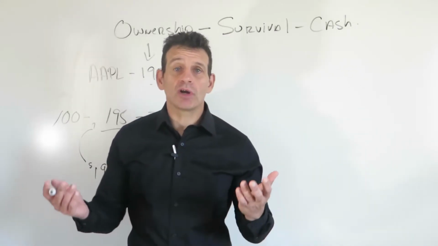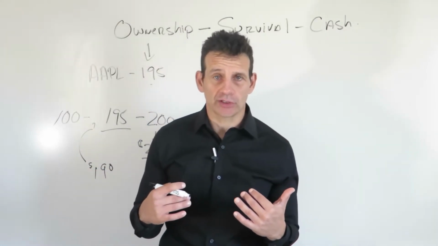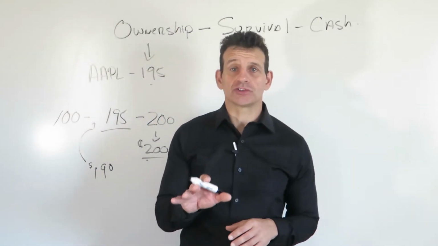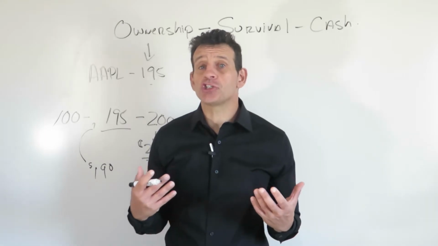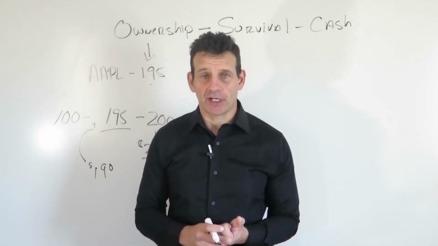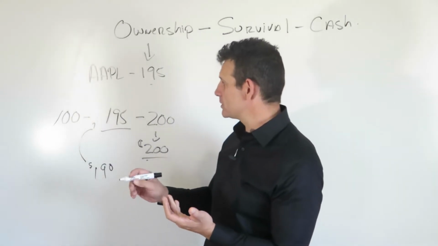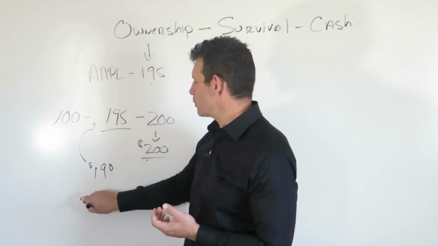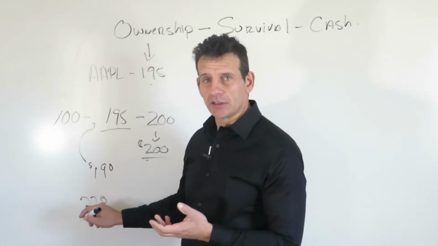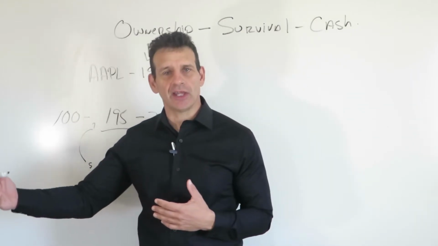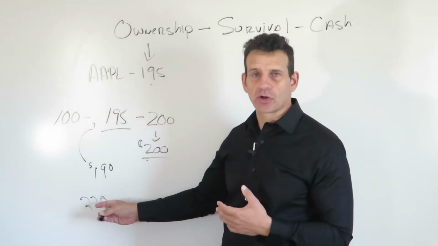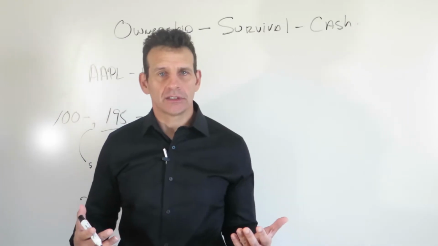So it's a good way for you to generate some cash for your portfolio while you are waiting for a certain stock. Now, if you want to be short a certain stock at a price as well, maybe you want to short this if it went to 220, you could do the same thing. You would just want to sell a call at the strike you would be willing to short.